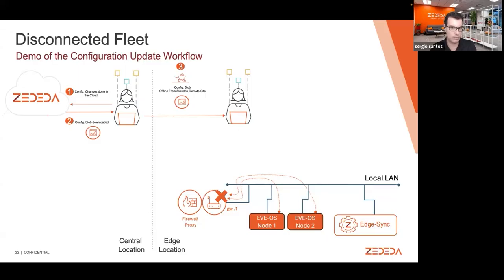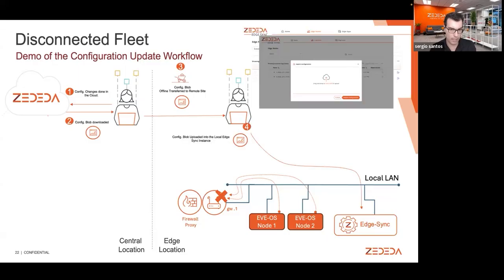That user can then use the EdgeSync UI to upload the configuration blob to the nodes, and the UI gives the capability to select to which devices to apply the configuration blob. So here you have the fleet management capability: we can apply it to the entire fleet, or you can just apply it to 1 or 2 nodes.